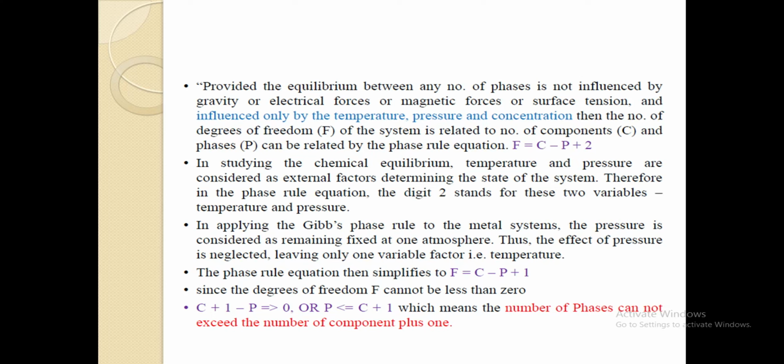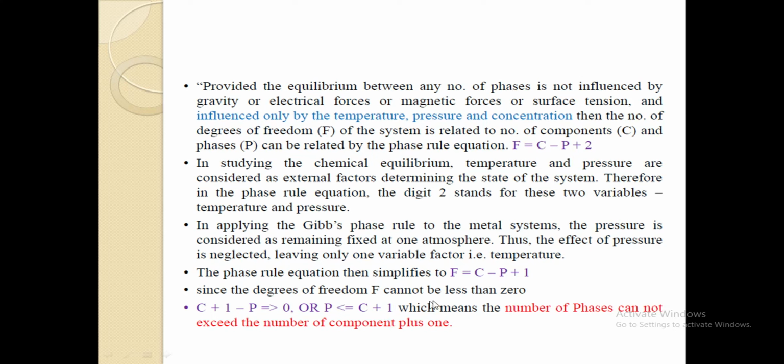In applying the Gibbs phase rule to the metal systems, the pressure is considered as remaining fixed at 1 atmosphere. Thus, the effect of pressure is neglected, leaving only one variable factor, that is temperature. The phase rule equation then simplifies to F equal to C minus P plus 1.